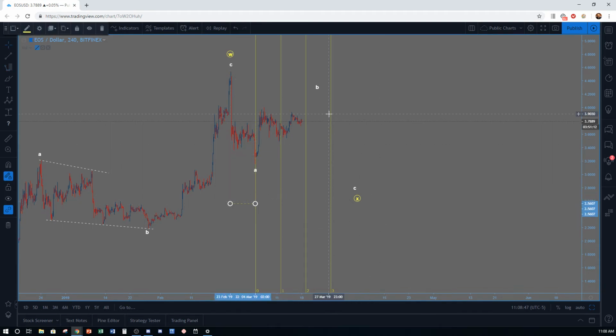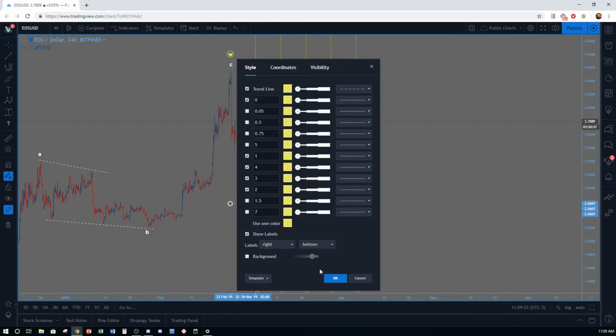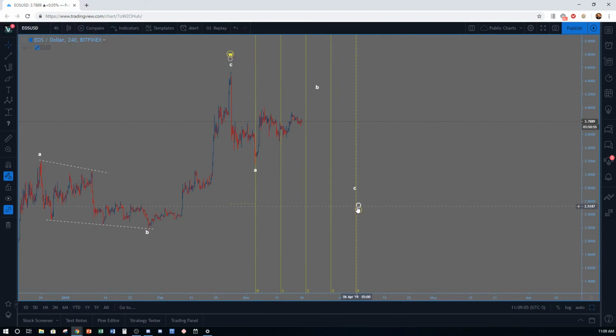In terms of time, our A wave took this long, so the B wave could take 3 times as long, approximately. And then the C wave could finish right around here. Early April?